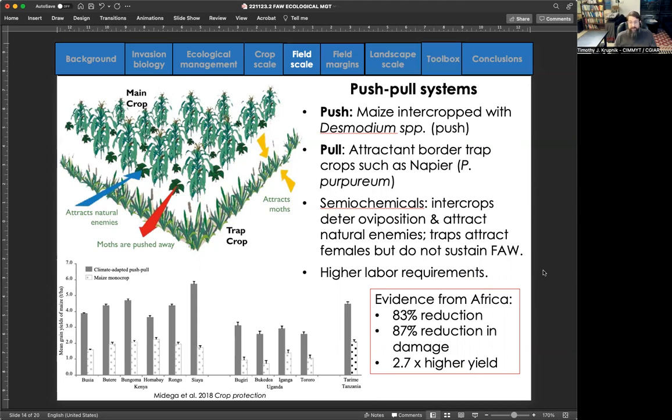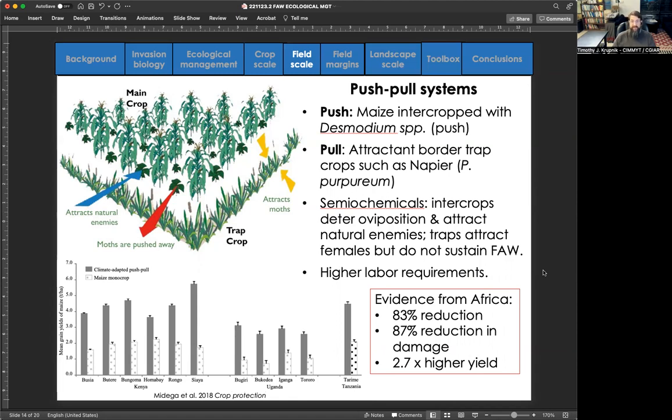For example, Napier grass has been proposed as a mechanism to do this. And there's been quite some work that's been done on this in Africa that has indicated considerable reductions in damage and higher yields that result from intercropping and management of fall armyworm.